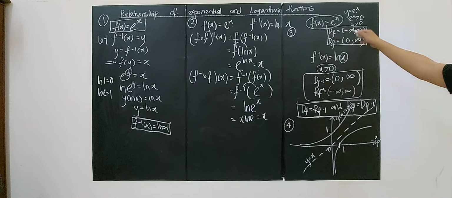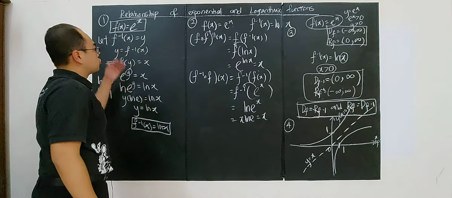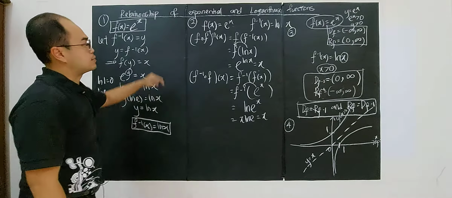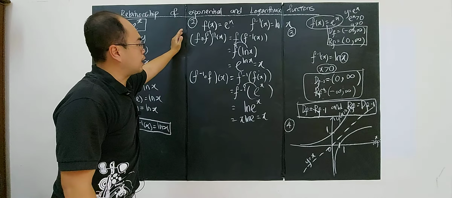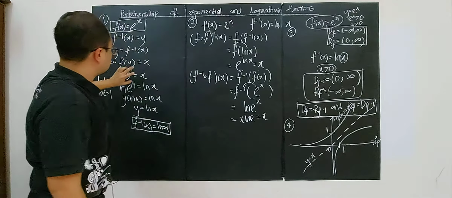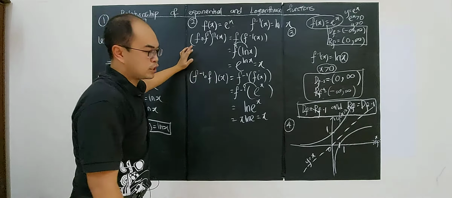So for these four, the first one, you must know how to find the inverse of an exponential function and a logarithmic function. Secondly, you have to know how to verify that these two are inverse to each other.